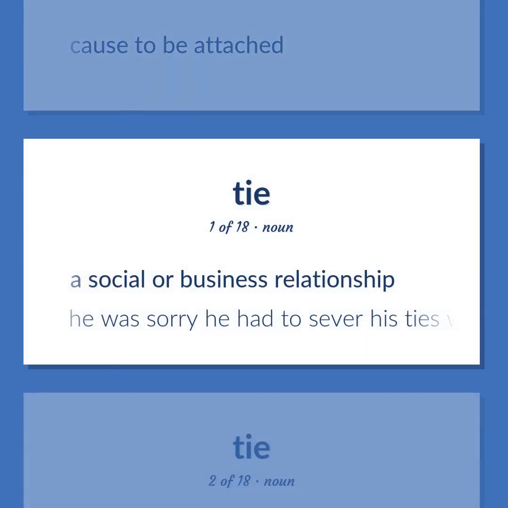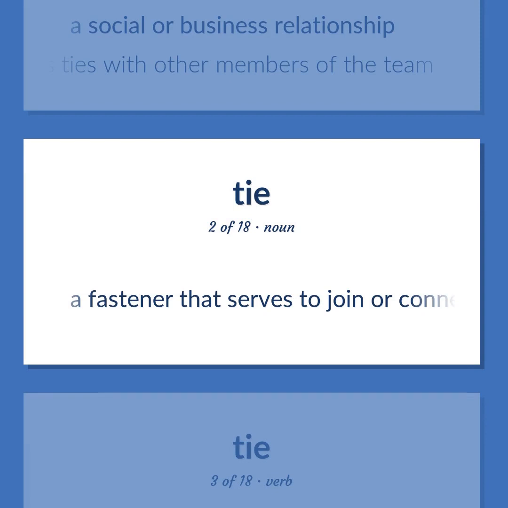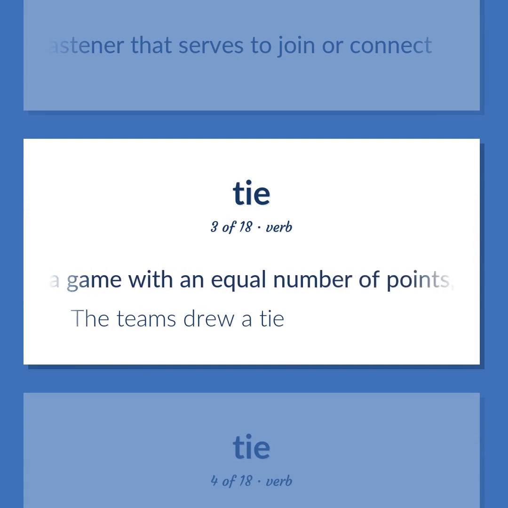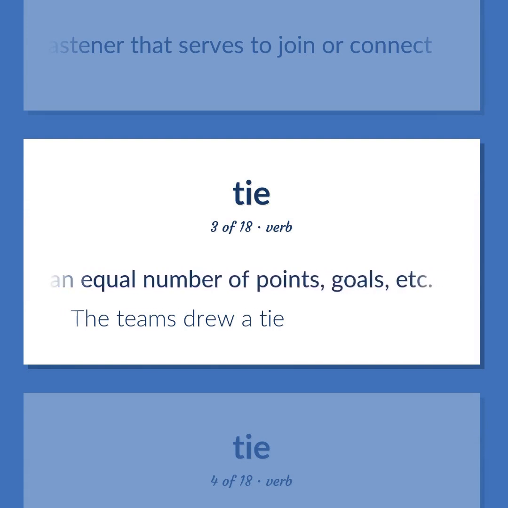A social or business relationship. He was sorry he had to sever his ties with other members of the team. A fastener that serves to join or connect. Finish a game with an equal number of points, goals, etc. The teams drew a tie.